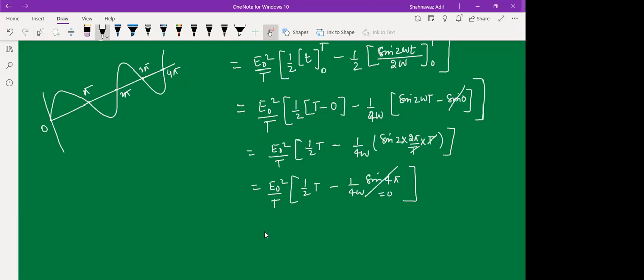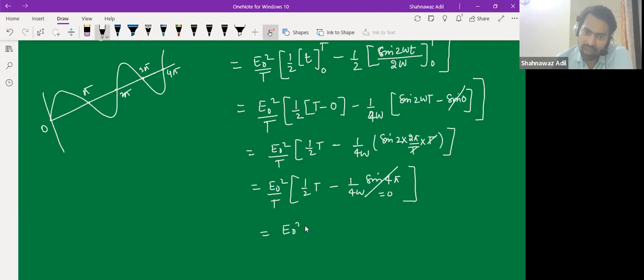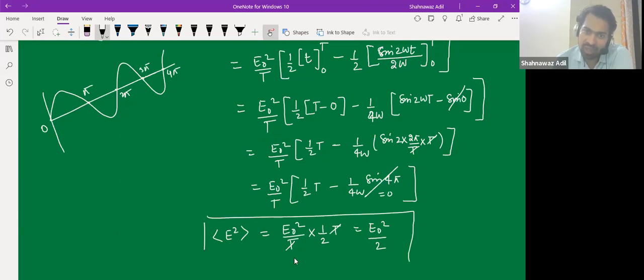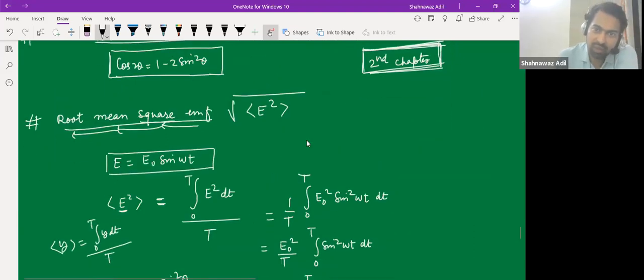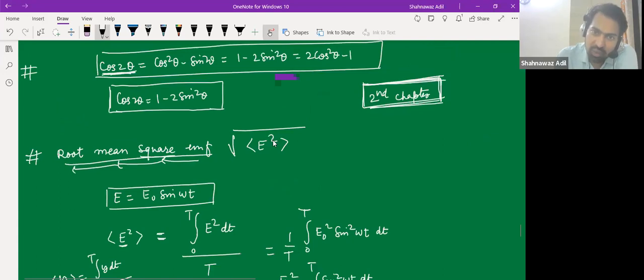So this is cancelled, and how much do we have? E naught square by 2 and then 1 by 2T. So T cancels, and we have E naught square by 2. So this is the mean of the square, right? Now what do we have to calculate? We are calculating the square and then mean and then root.